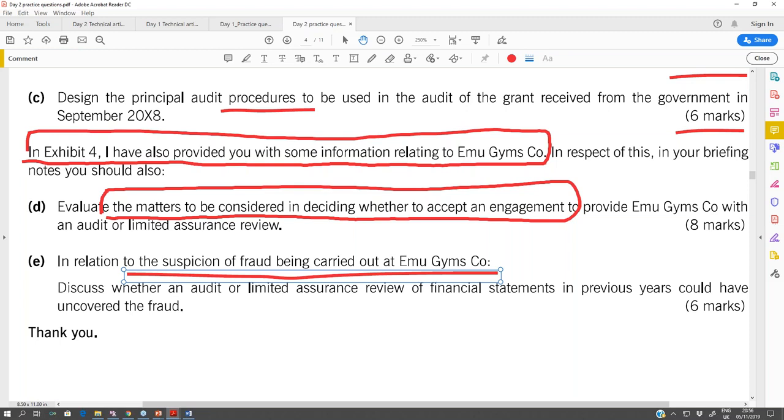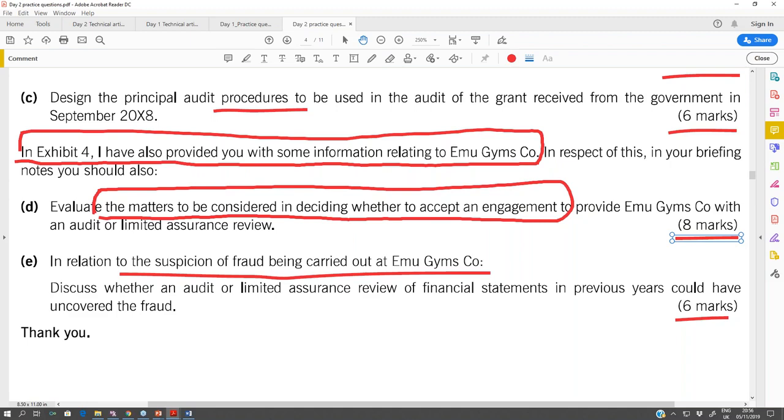So you should know the difference between an audit and a limited assurance review, and whether an audit or a limited assurance review would have uncovered the fraud in the previous year. We have 6 marks for that, and we have 8 marks for matters to consider when accepting an engagement.